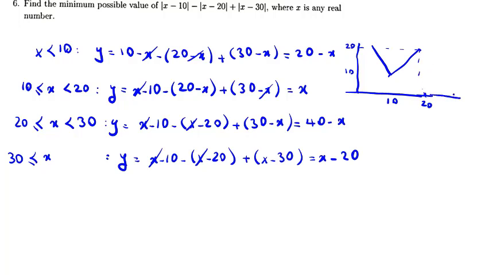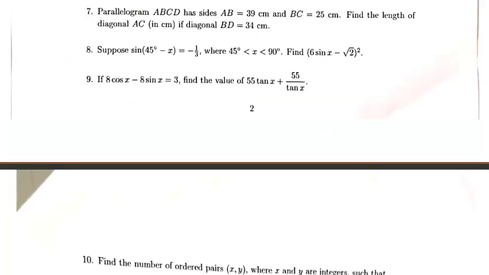And for 30, we can say y is 40 minus x. Again, it will be this. Then we have 10 again. And then after this, it will be x minus 20. It will be this. So the minimum possible value of this function equals these 2 points, equals 10.